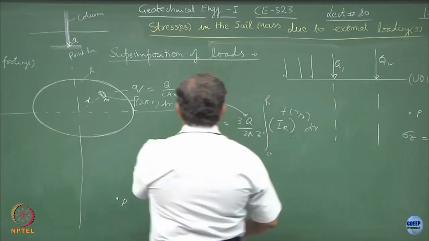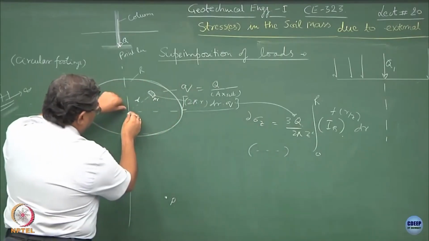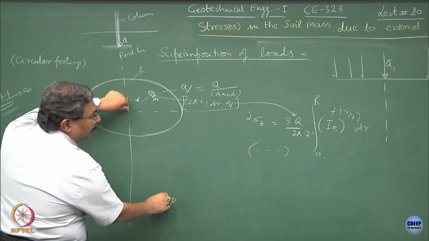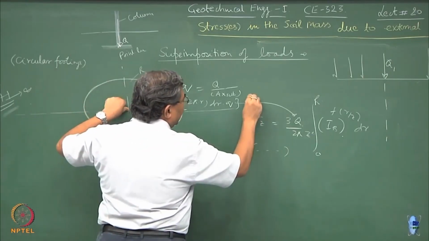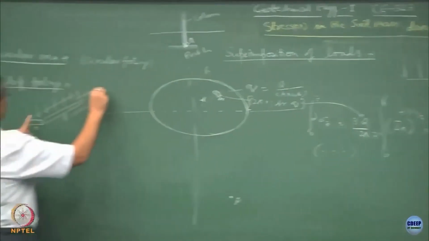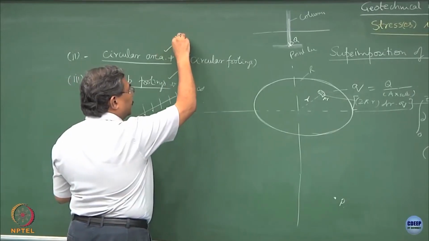Clear? And what about this z term? This will be from the given point to the point where you are interested in finding out the pressure. So that means 0 to z. Same thing you can do over here. So this becomes a case of strip footings, circular footings.